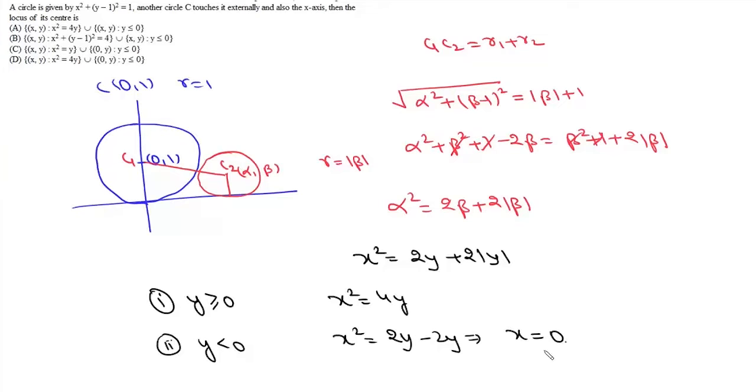We can take the equality sign here also, because when y is 0, x is 0. So what we'll do is we'll write this answer as the curve x square equals 4y union center is at (0, y) when y is less than or equal to 0.